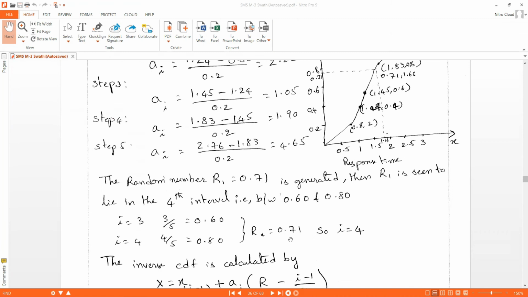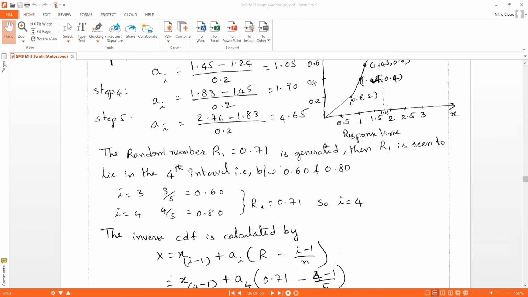Now in the question they have given that the random number r1 equal to 0.71 is generated. The r1 value is given in the problem as 0.71.